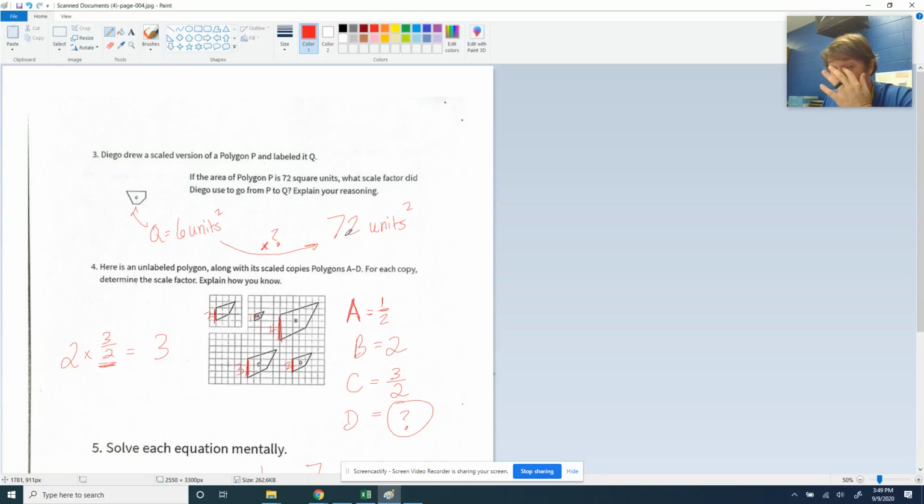So we know that the factor there is times 12, but something multiplied by itself that gives us 12. And you know what? It might not have been 6. Maybe that was wrong. Draw a scaled version of P and label it Q.